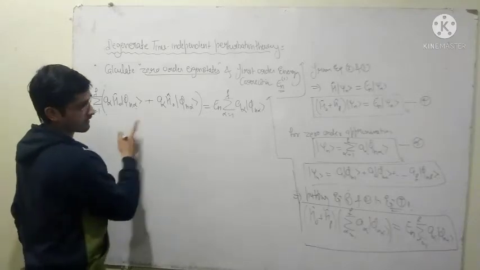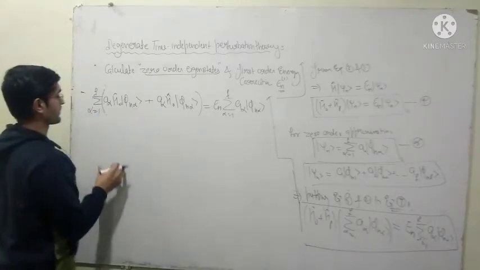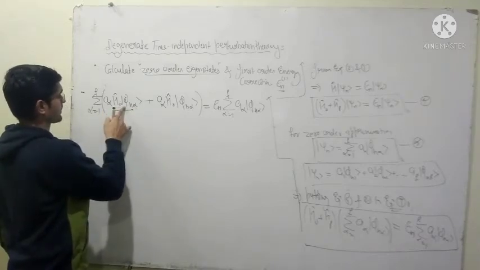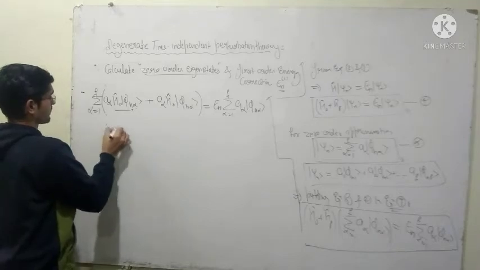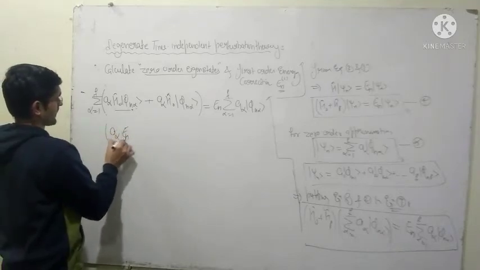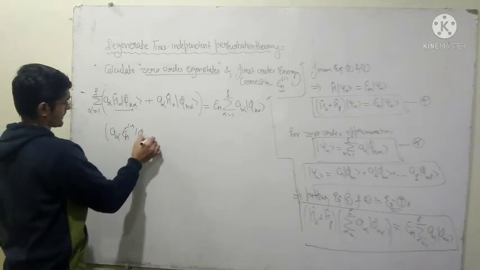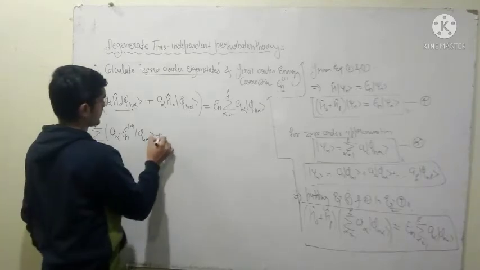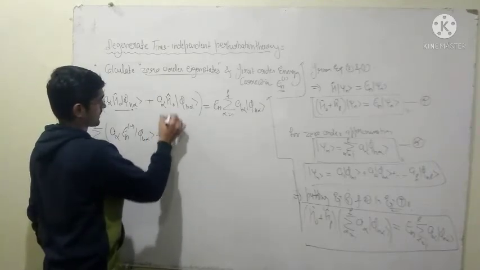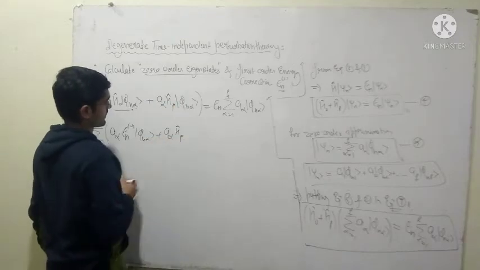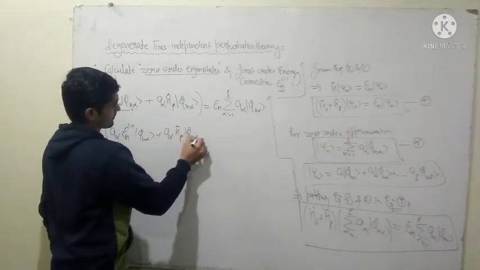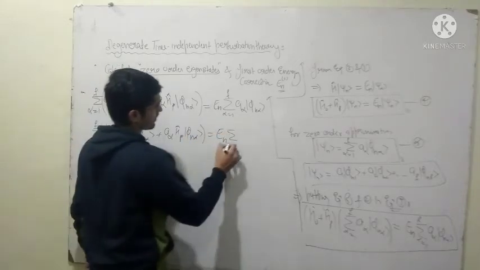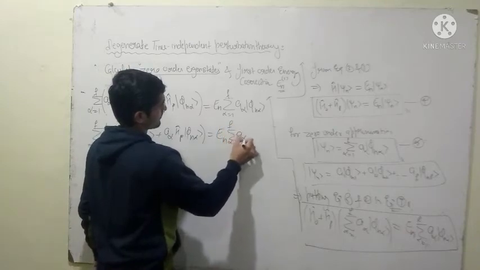If the Hamiltonian acts on this state, it will give us E n naught and the state itself: the summation over alpha from 1 to f of a alpha, H naught, sorry, it is H p, not H naught, acting on phi n alpha.